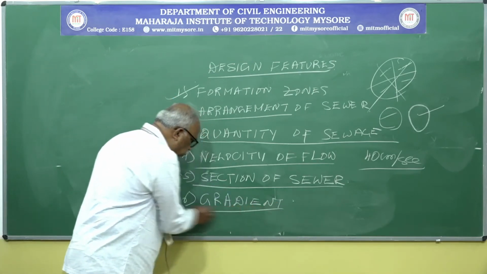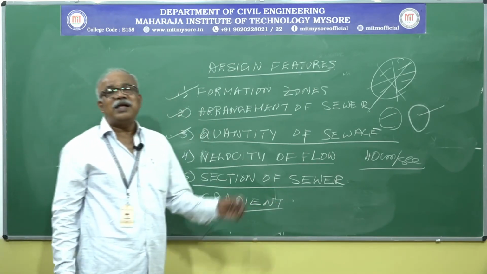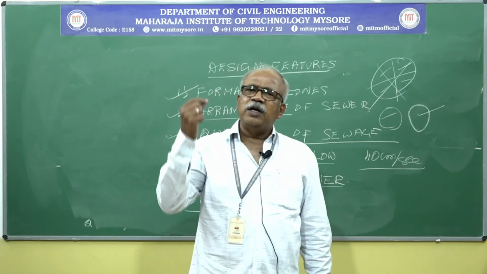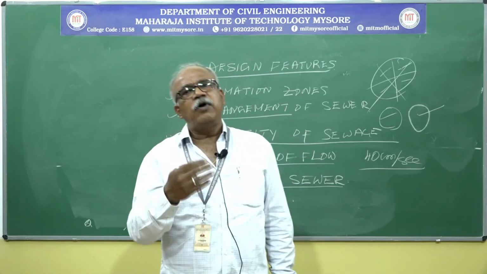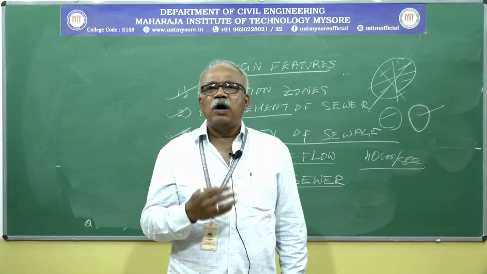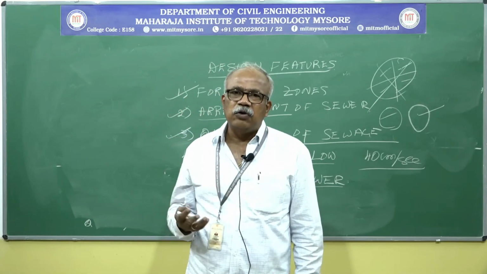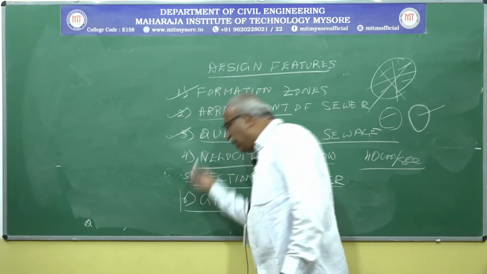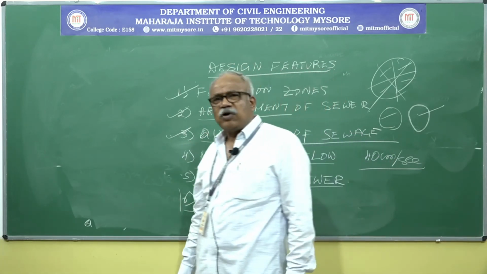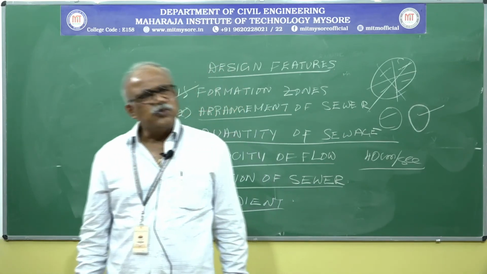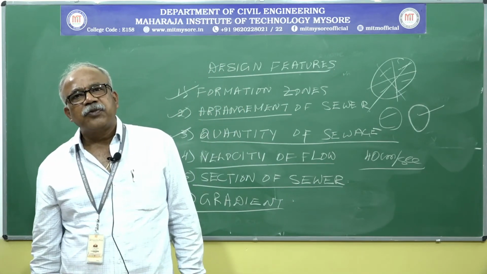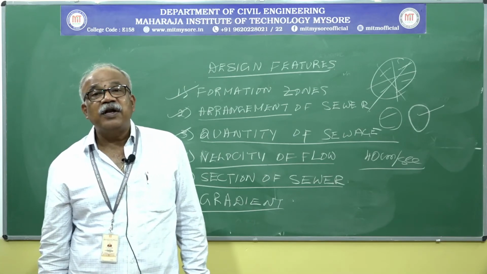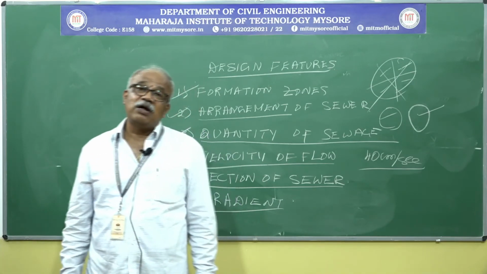So, last one is very important, gradient. Already we solved two problems, whether it may be half full or full flow of wastewater flowing in a conduit, whatever it may be. So, the gradient is compulsory. Without providing gradient, it is very difficult to achieve the minimum and maximum velocity, or self-cleaning or non-scouring velocity.